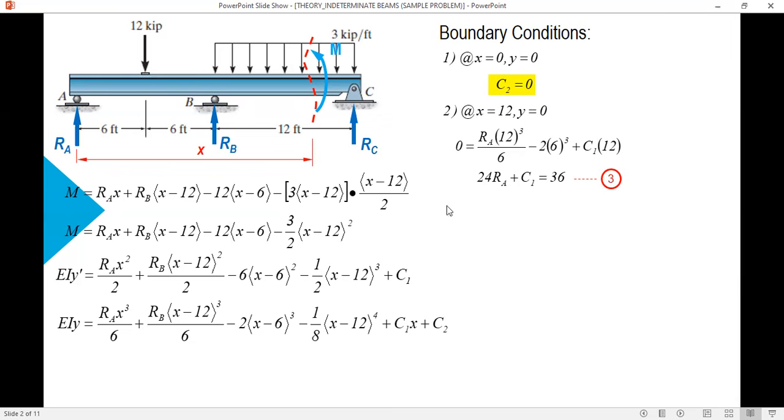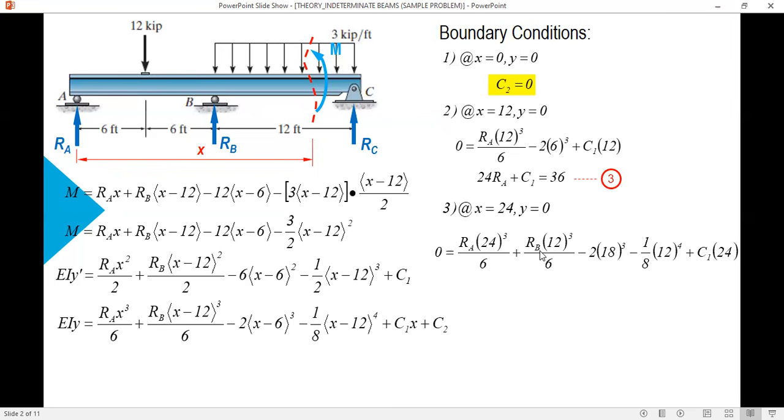And the last constraint is this. At point C, since it is a support, the deflection is 0. And that is when x is equal to 24. So at x equal to 24, y is equal to 0. So 0, 24, okay. 24 minus 12, okay. 24 minus 6, okay. 24 minus 12, okay.